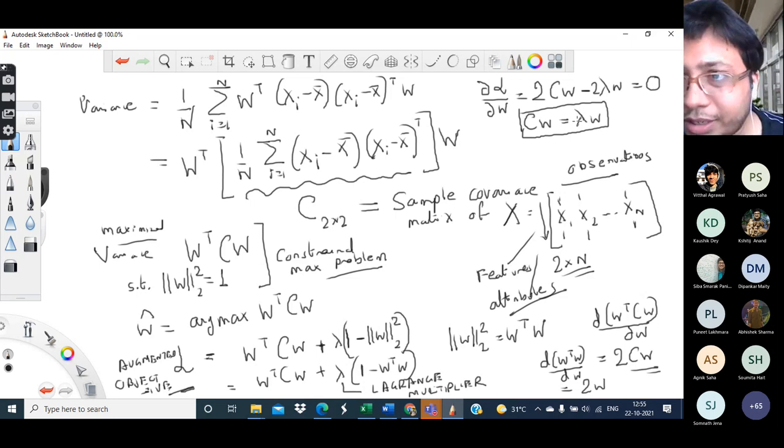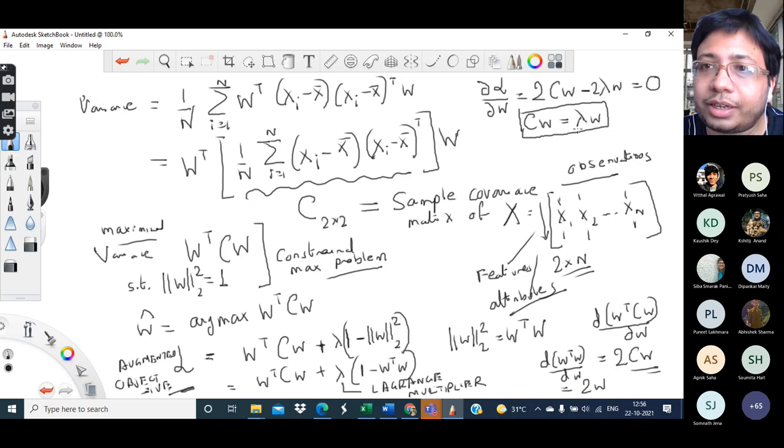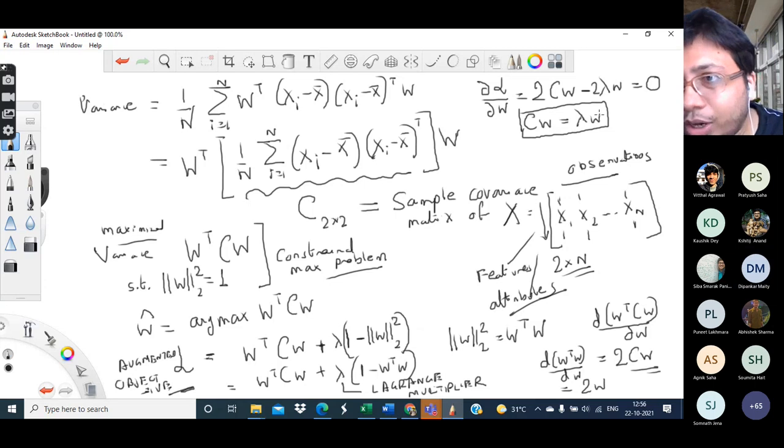But I have got this relation CW is equal to lambda W. As soon as you see CW equal to lambda W, what does this equation remind you of? What do you think W and lambda are? Eigenvalues and eigenvectors. Right, exactly. So lambda and W are any eigenvalue and any eigenvector of C that will solve this. So this is basically an eigen problem.